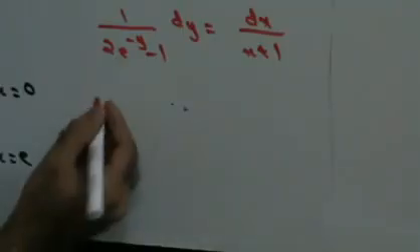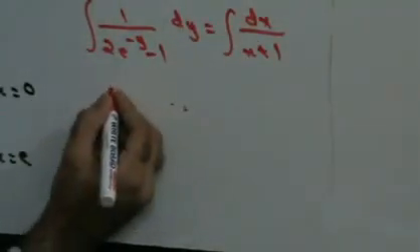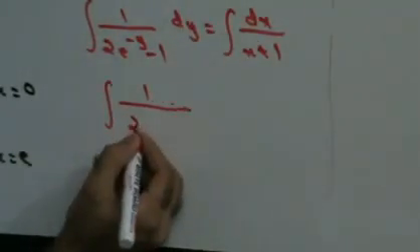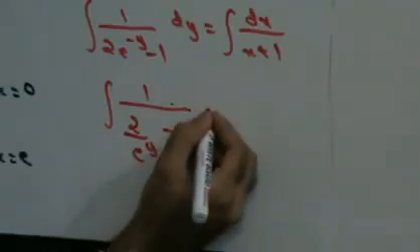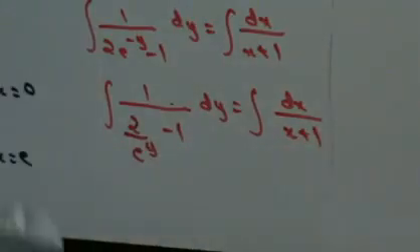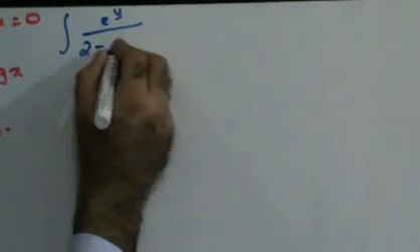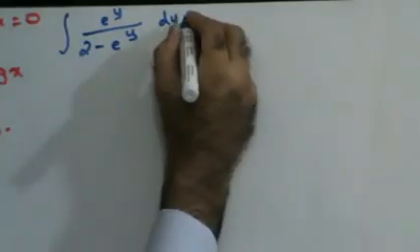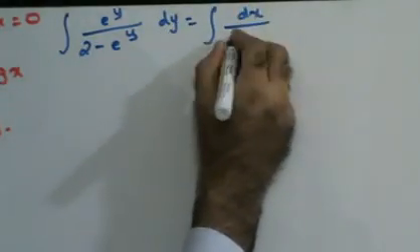Now, this can be written as integrate both the sides. Integral of 1 upon 2 upon e raised to y minus 1 dy is integral of dx upon x plus 1. Now, if I take LCM, I'll get this as integral of e raised to y upon 2 minus e raised to y dy is equal to integral of dx upon x plus 1.